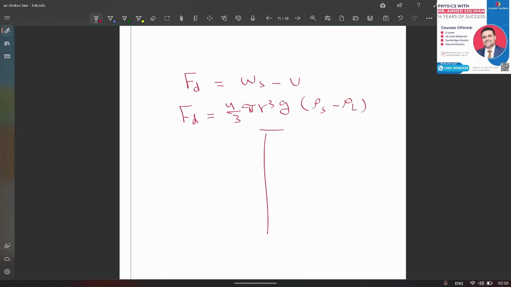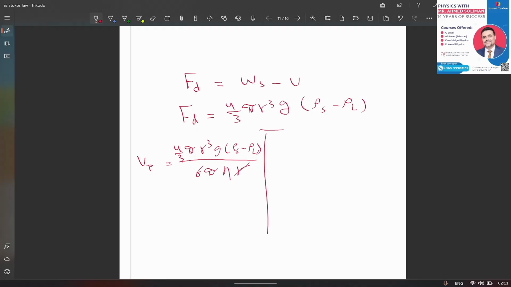Now we can find V terminal, as I said. It will be the same: pi r cubed g (rho s minus rho l) divided by 6 pi eta r.